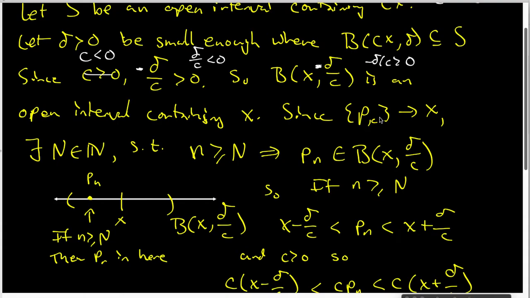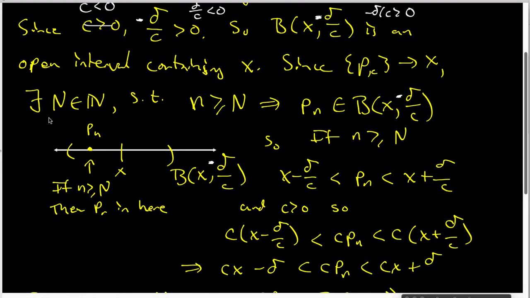The sequence p_k still goes to x. So we still have a tail trapped inside the delta ball centered at x, but this time the radius will be minus delta over c.